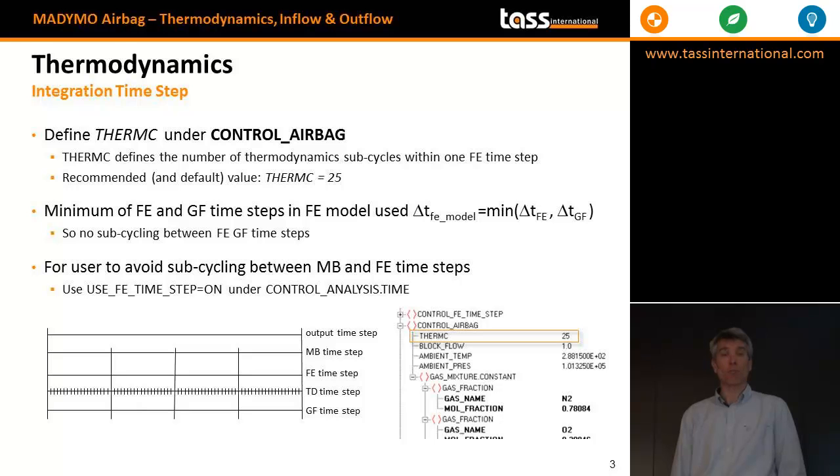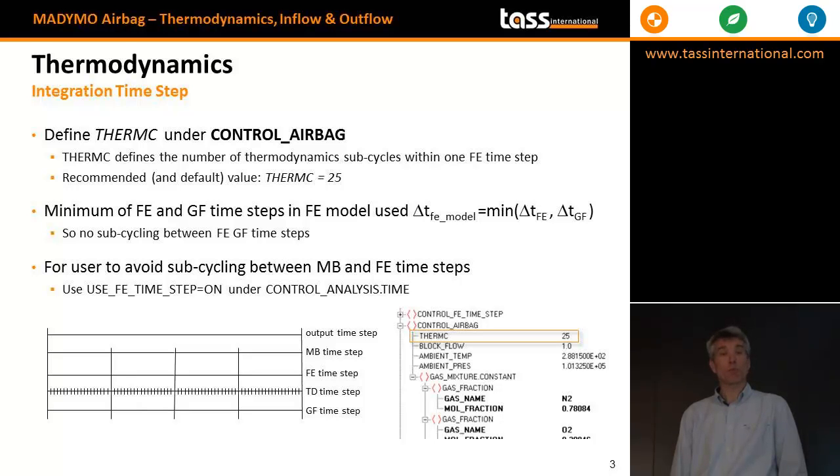On top, the output time step is just one time step, written out to the output time step files. The multi-body time step contains 4 time steps in one output time step. In this case, the FE time step is the same. The TD, so the thermodynamic cycle, is 25 with respect to the FE. And gas flow is equal to the FE time step.